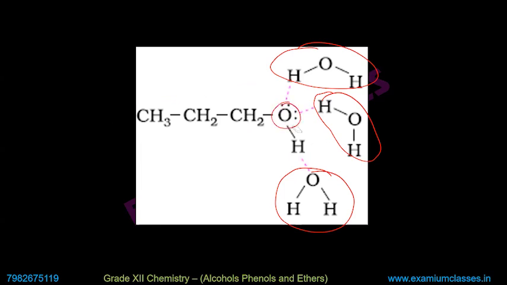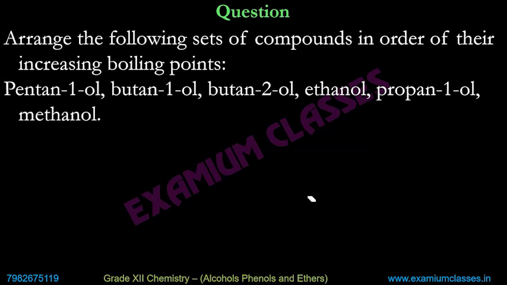So one oxygen with two lone pairs can form hydrogen bond with two hydrogens of water molecule. And the hydrogen of the alcohol can form hydrogen bond with oxygen of the other water molecule. So that's why these are soluble in water due to hydrogen bond.